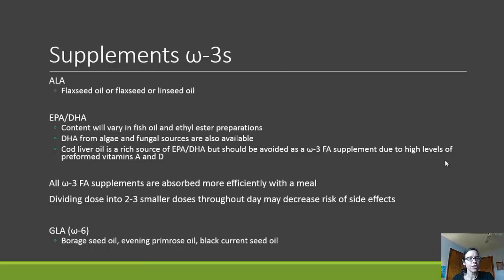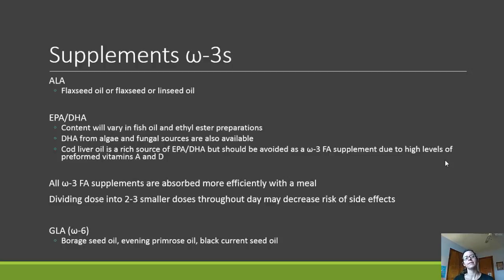So I wanted to touch for a moment on omega-3 supplementation because this is a really hot topic right now. I think there's a lot of ideas out there that these omega-3s are almost a cure-all, that they can address so many health concerns. And that definitely in part is true. But I want to talk just briefly about how these omega-3s are found in supplements. So for people who are vegetarian or vegan and want to get their omega-3s through a plant source, they can get flaxseed oil or linseed oil.